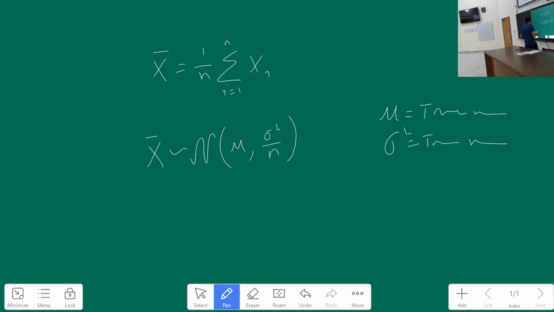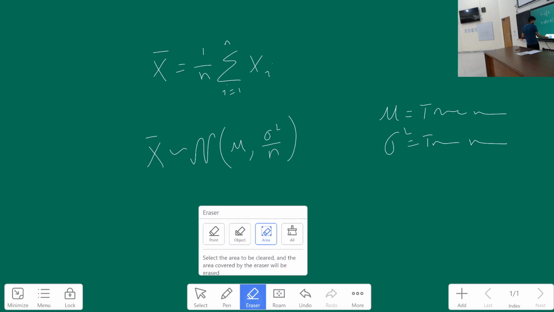Let's clear this away, and let us start with a hypothesis about the mean of a population. Let's say my claim is that for a particular population, the heights of adults in Swabi are mu naught, as I said 165 centimeters for example.